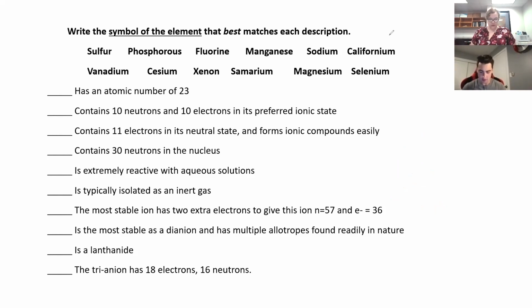And it has 20 neutrons. How do you know? 40 minus 20. Very good. It has 20 electrons to be neutral, but what's the preferred ionic state? Plus 2. So it has 18 electrons. Very good.